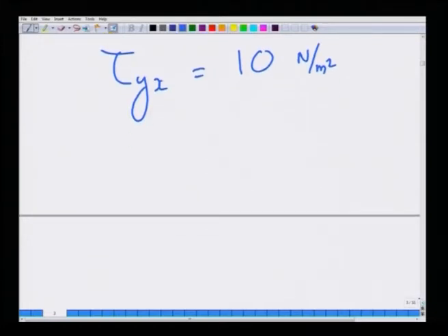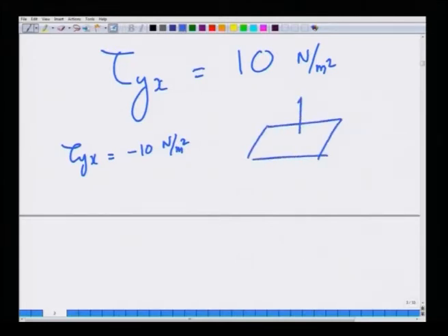Suppose you have negative stress values. If somebody says the element of a stress tensor is negative, that means the following. If you have a unit normal in the plus j direction, the force is acting in the minus x direction, and the magnitude of the force is 10.